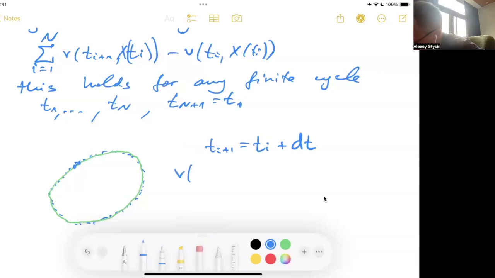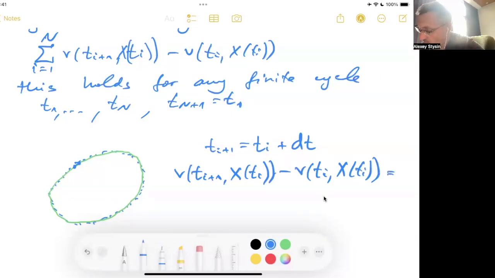Then we are going to have v of t_{i+1}, x of t_i minus v of t_i, x of t_i. We can use the first order approximation for this v of t_{i+1}, assuming, and we have this assumption, that v is a differentiable function.